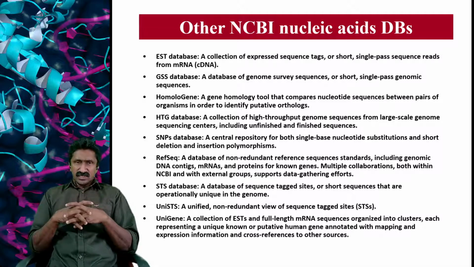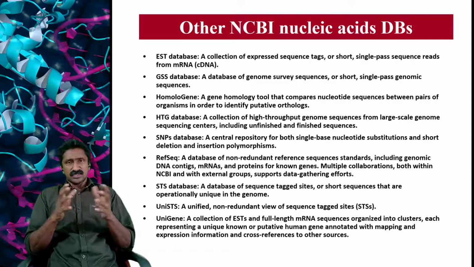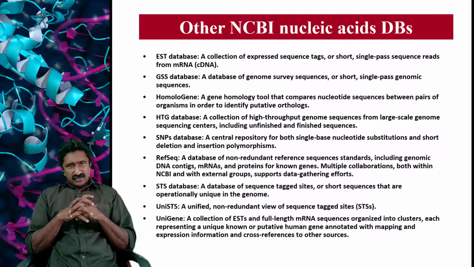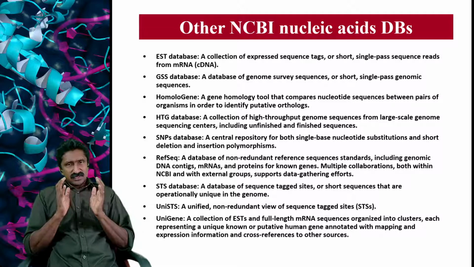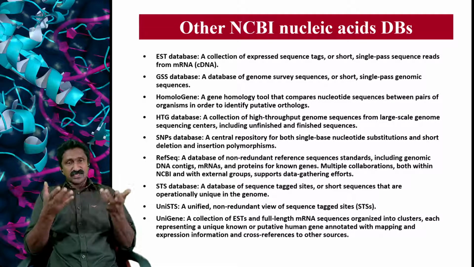EST is one example. It is expressed sequence tags, or the cDNA single-pass reads information, present in the EST database. Then another one is the genome survey sequence, that is the GSS database, HTG sequences, the single nucleotide polymorphism database, and a reference sequence database.